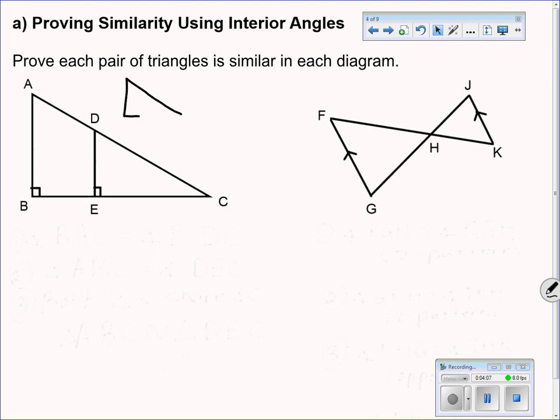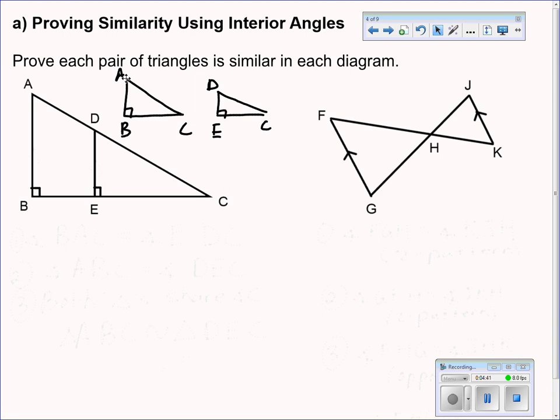We have the big triangle, which we're going to call A, B, C, and the little mini-me triangle, which we're going to call triangle D, E, C. I like looking at these triangles separately, and by doing so, it allows me to come up with some serious insights.